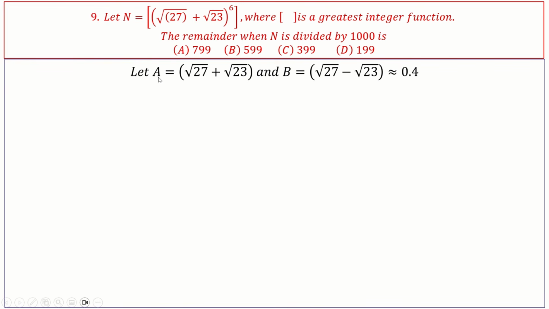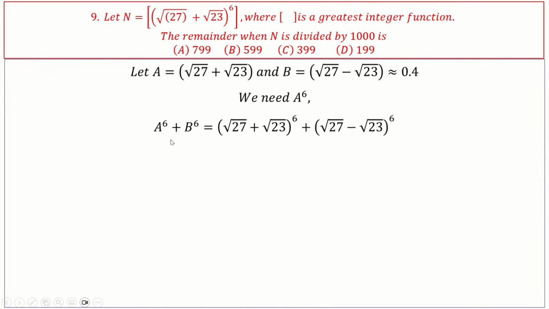If I take a to the power of 6 plus b to the power of 6, then this is (a plus b) to the power of 6 plus (a minus b) to the power of 6. I can cancel many terms. That is, (square root of 27 plus square root of 23) to the power of 6 plus (square root of 27 minus square root of 23) to the power of 6. There are 7 terms in each; 3 terms are negative in the second, which get cancelled, and the other 4 terms are doubled.